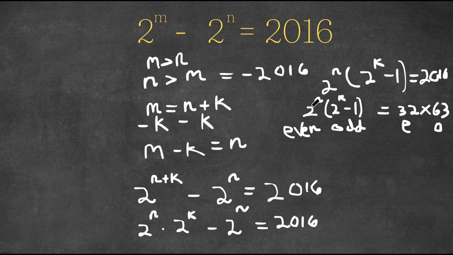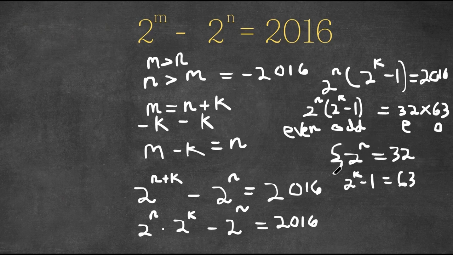So meaning we could just say that 2 to the power of n is equal to 32, and 2 to the power of k minus 1 is equal to 63. So if 2 to the power of n is equal to 32, then n is equal to 5, because 2 to the power of 5 is equal to 32.